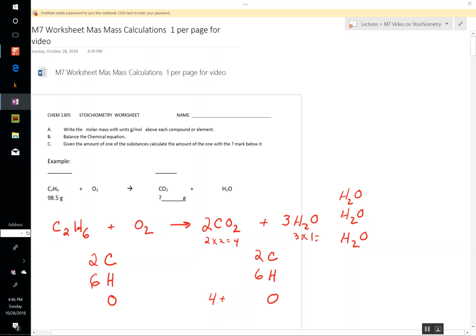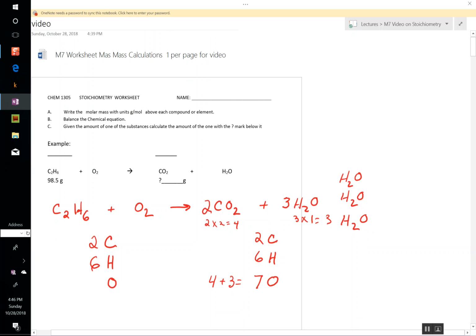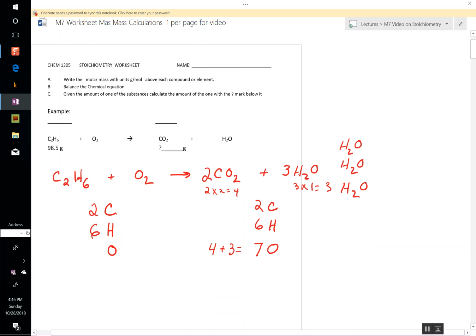So we have 3 oxygens coming out there for a total of 7. Now that's a little frustrating because oxygens come as O2s, and we have an odd number of oxygens. So we need to balance our oxygen over here.